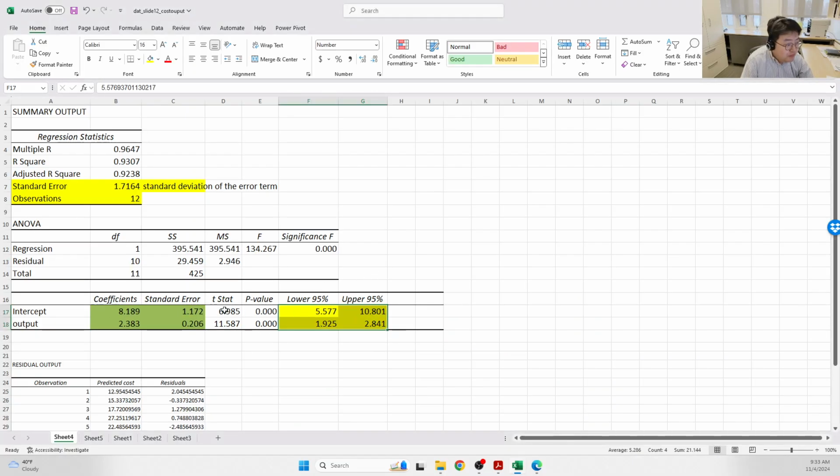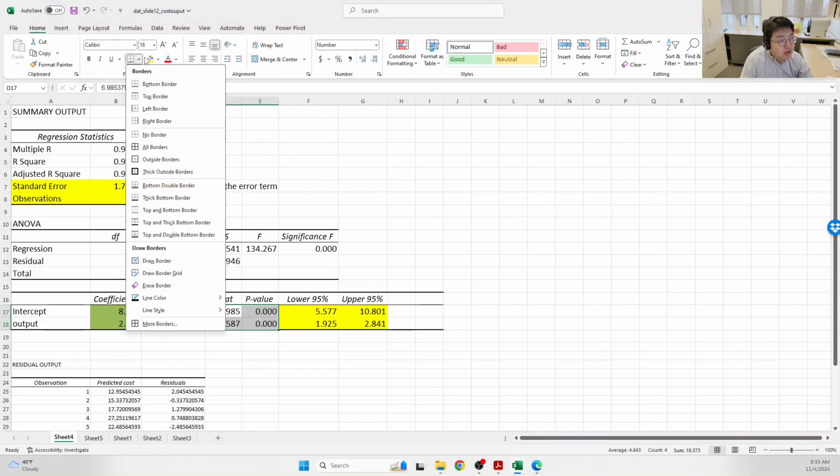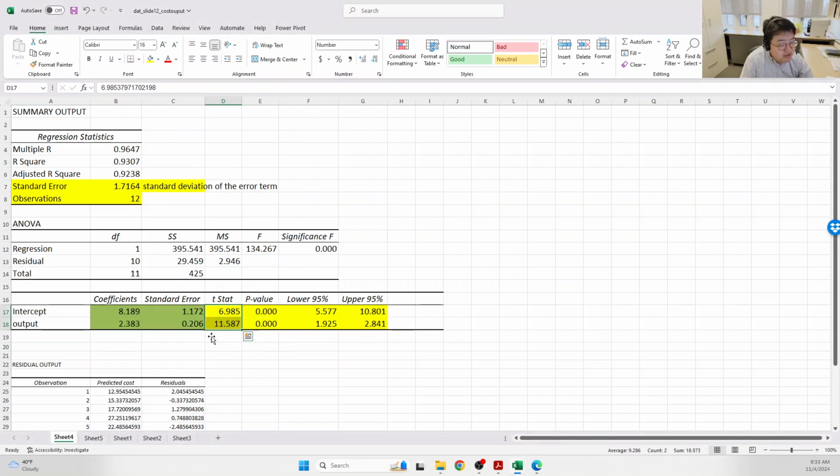Going back to t-stat and p-value, the t-statistic is calculated like so. This t-statistic 6.98 is the standardized difference between the fixed cost estimate and zero, right?